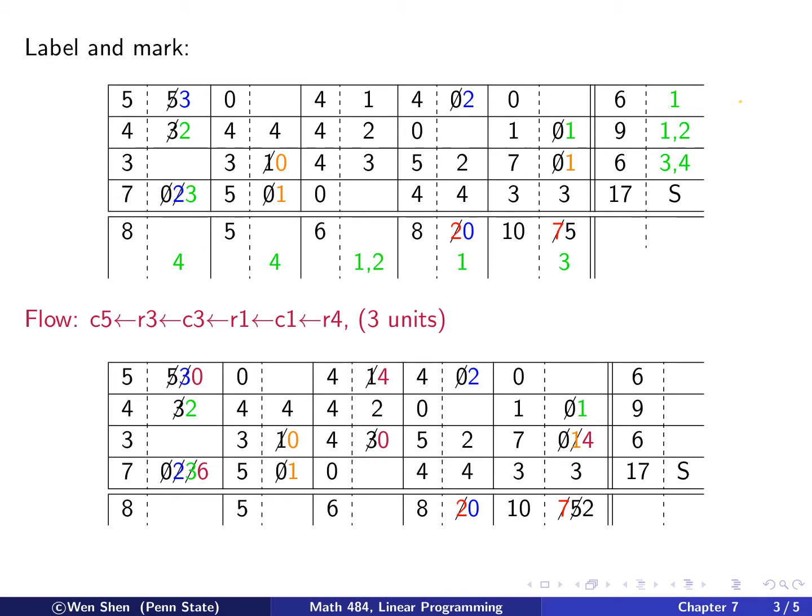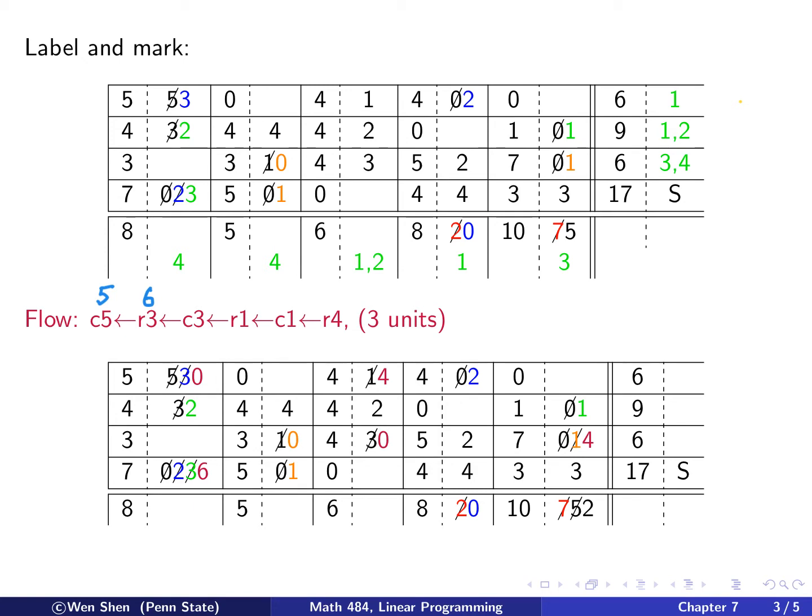The total unmet demand, which is 5. So let's label 5 units there. Then this can be taken from R3. What is the maximum number I can further increase? 7 minus 1 is 6. So I would write 6 here.